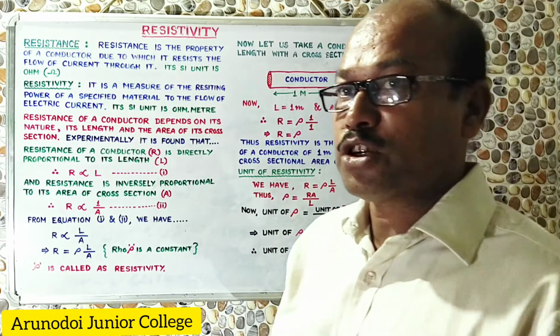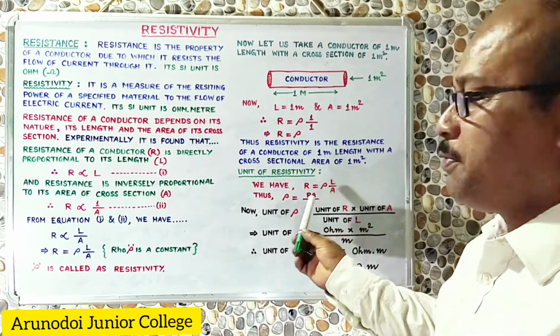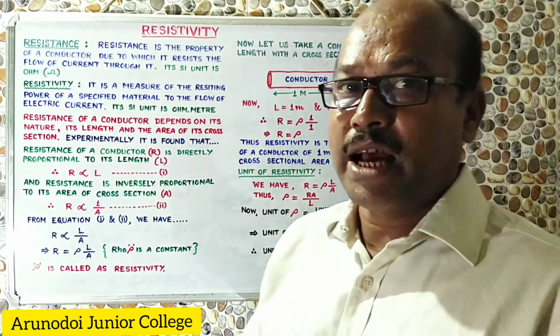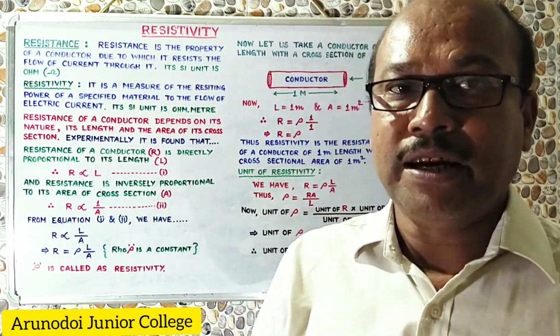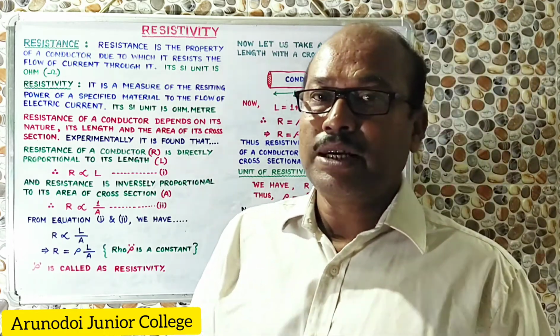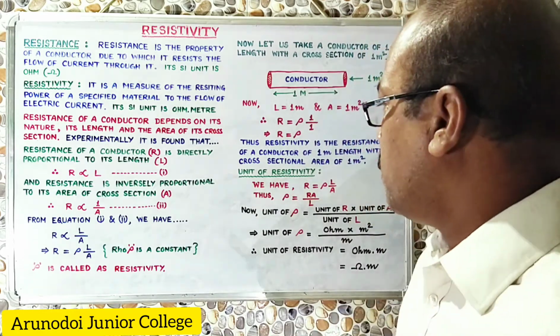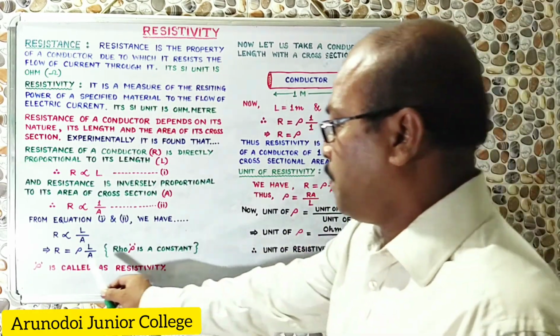That is resistivity. And the unit of resistivity, because in science whenever we measure the resistivity of any conductor, we have to use units. So what is the SI unit of resistivity? We have the formula R is equal to rho L by A. This is the formula we are repeating.